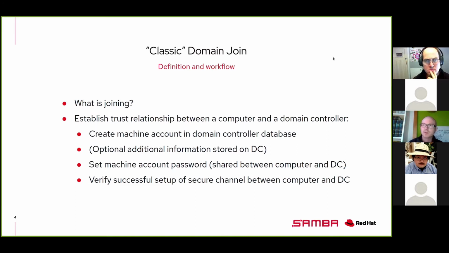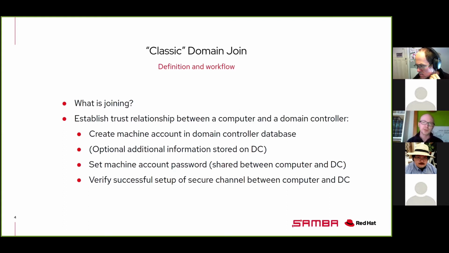Okay, first of all, what is joining? It's very simple. Joining means that you establish a trust relationship between a computer and a domain controller. That is done by typically creating a machine account in the domain controller database, which used to be the SAM database. Now, of course, in Active Directory, it's the LDAP tree.